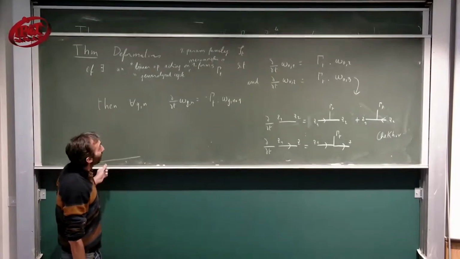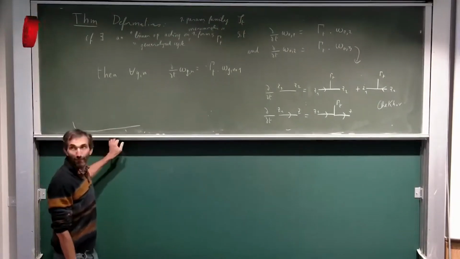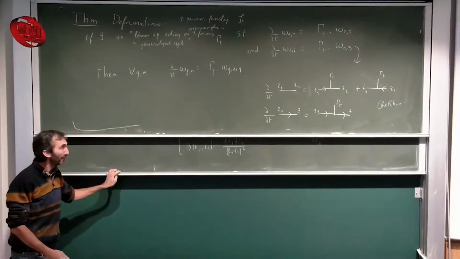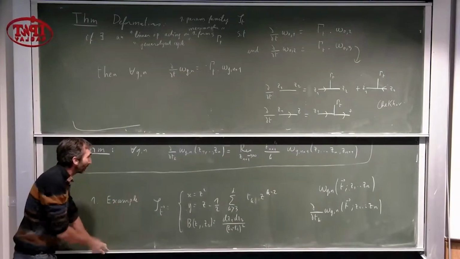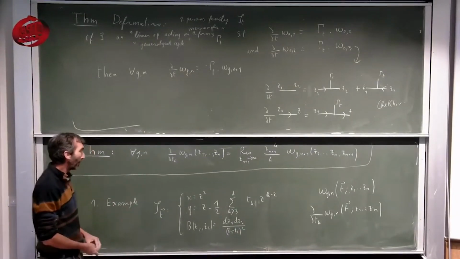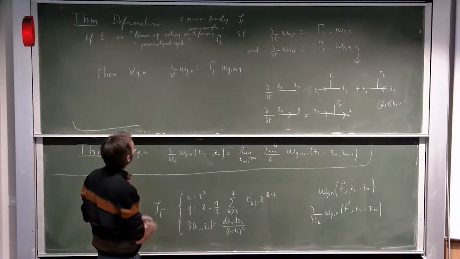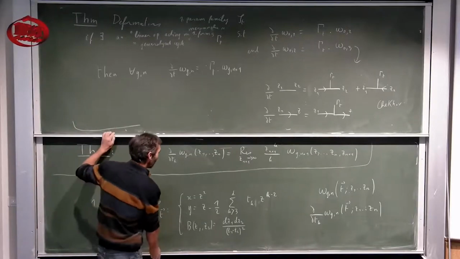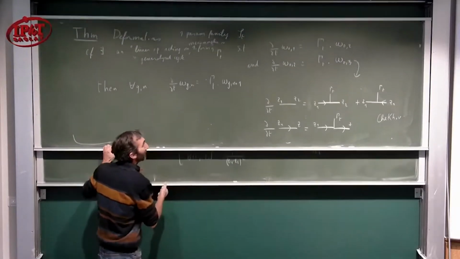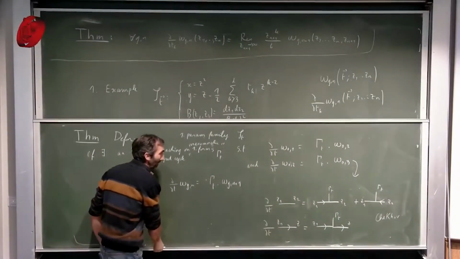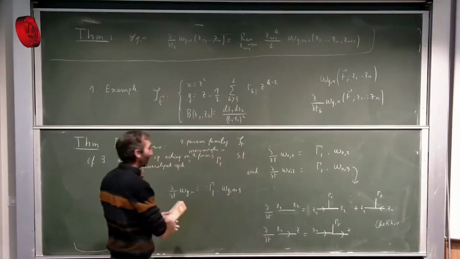So now let me apply it to our specific family. So to this family, what do we get? So we have to erase something. So I'm going to erase that.